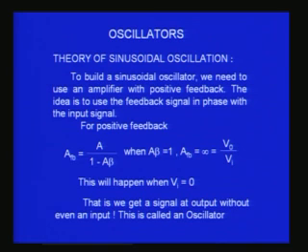Therefore only that frequency will be preferentially provided and the output will have that frequency. If you want to vary the frequency, correspondingly you have to vary the reactive components in the circuit. But in principle what I have so far explained is the most important criterion, or the principle, of oscillators.